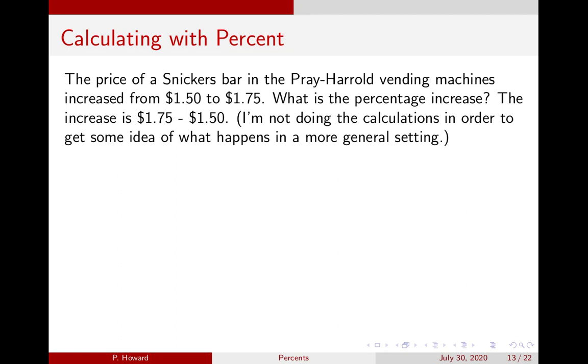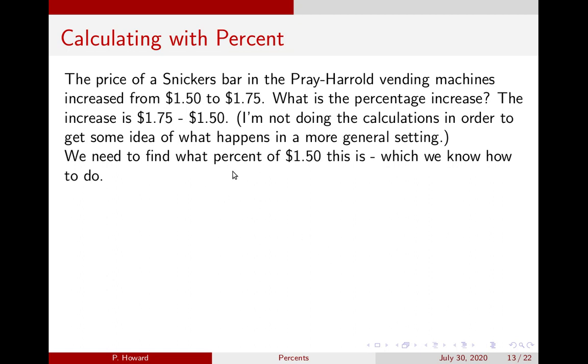This is an easy calculation to do. You get 0.25 when you do the subtraction, or 25 cents. But as in the previous slide, I'm not going to do the calculations because we want to get some idea of what happens in a more general setting.